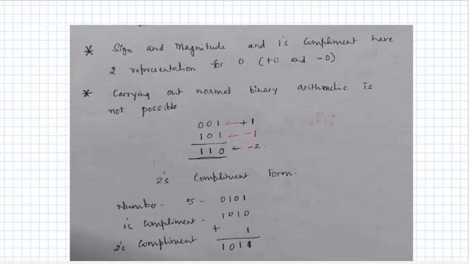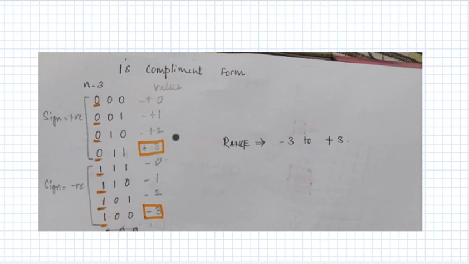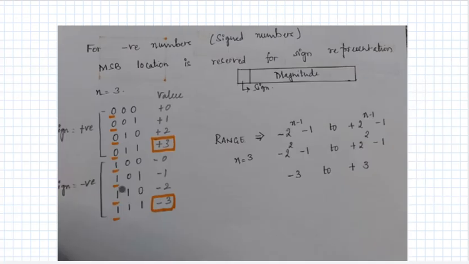The second drawback is that whenever I carry out normal binary arithmetic on the binary data, for example, if I am adding two binary numbers or subtracting two binary numbers, then I will not get an appropriate result. For example, if I am adding 1 and -1, -1 in sign and magnitude is 1 0 1.